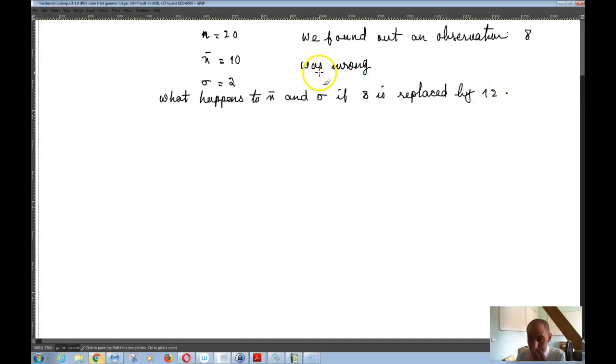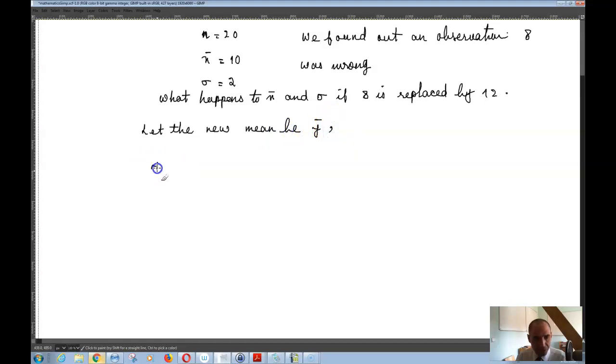Now, to calculate the new x bar, let the new mean be y bar.